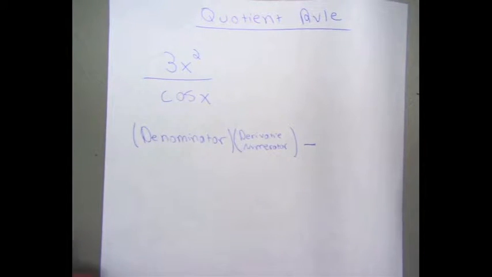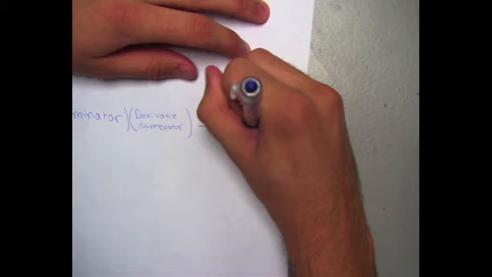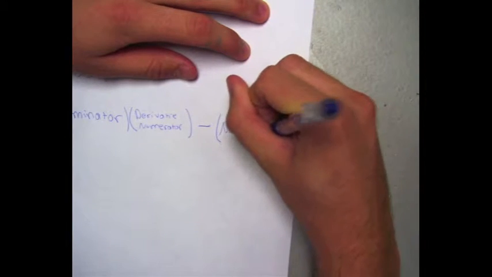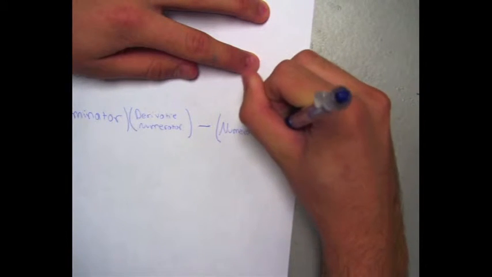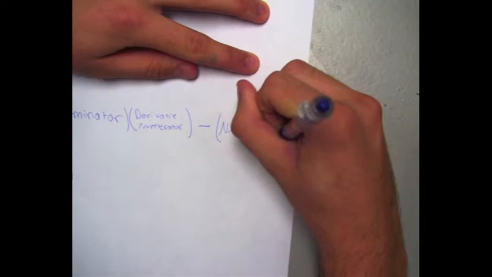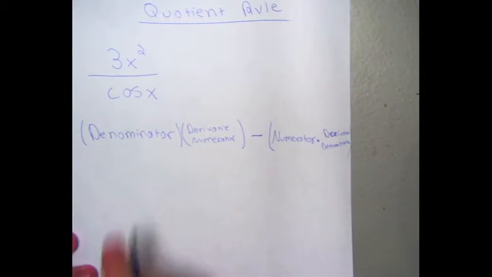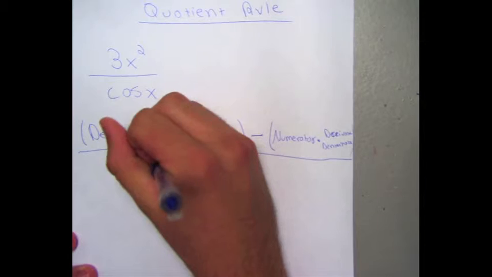A key mistake is made there by many students. We're subtracting the numerator times the derivative of the denominator. Once we do that, we're going to put it all over the denominator squared.